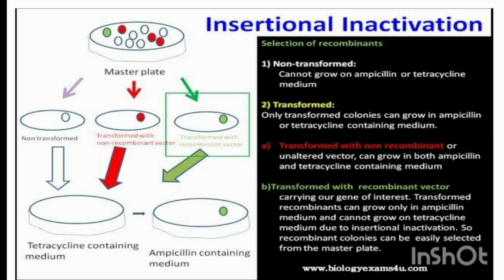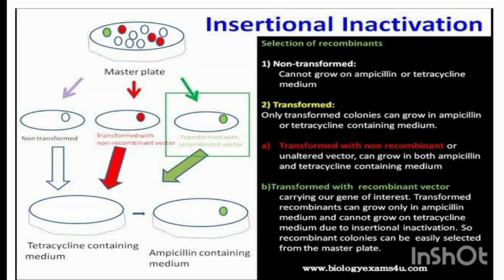So when I was talking about antibiotic resistance, I was telling you I should be able to select the transformed cells. So if in a master plate I would have cells which have not been transformed, like these cells did not take up the foreign DNA.